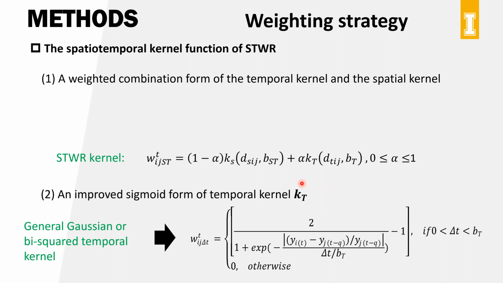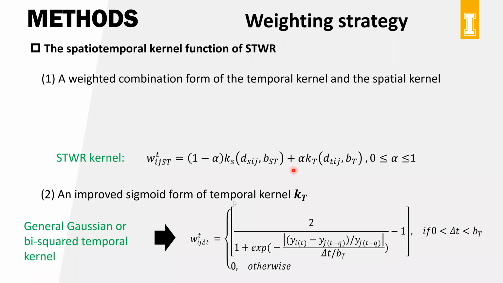GWR is the model that did not take time into account; it's only geographically weighted regression.